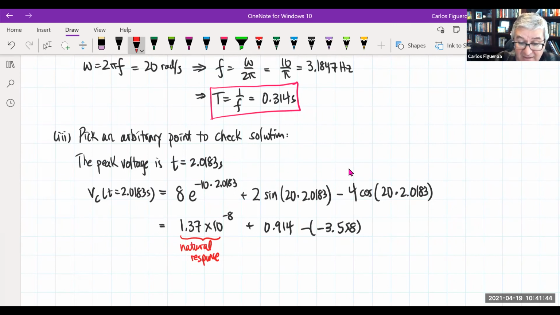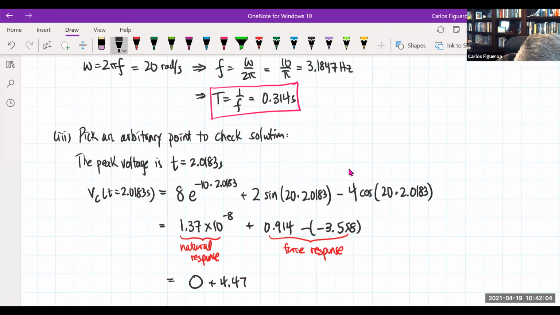And then this term here is the forced response, and that should be the peak value. So I'm essentially ignoring the natural response, and I get a value of 4.472 volts. So this is what my solution tells me.